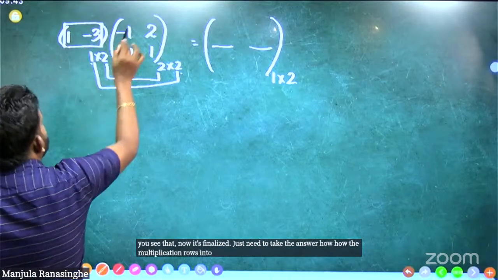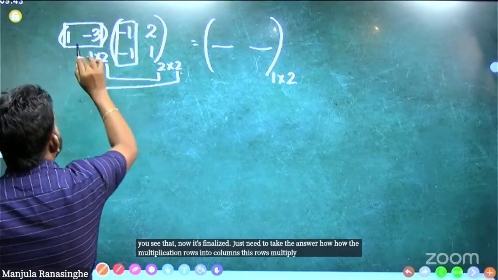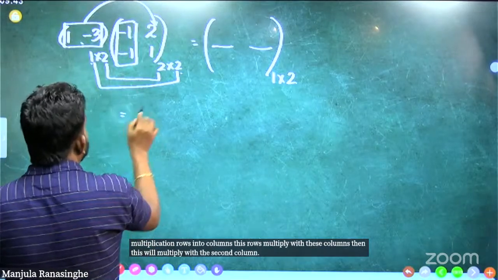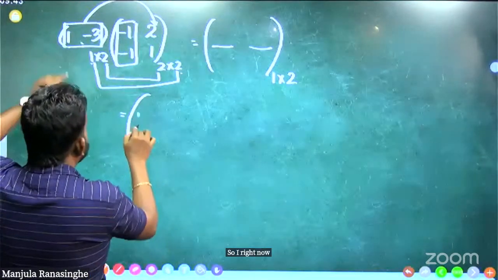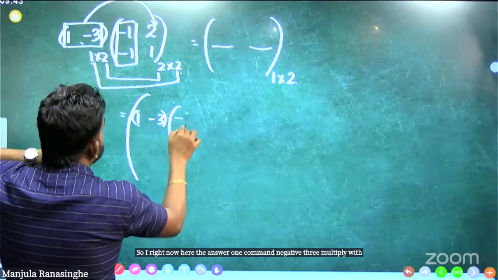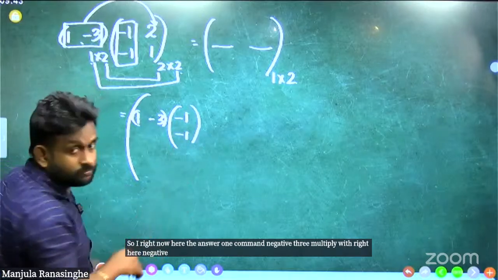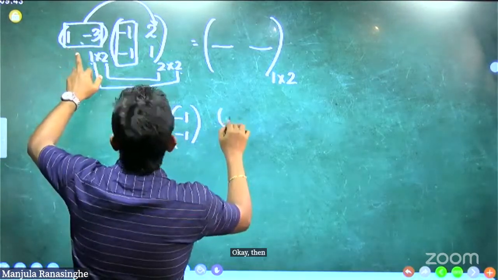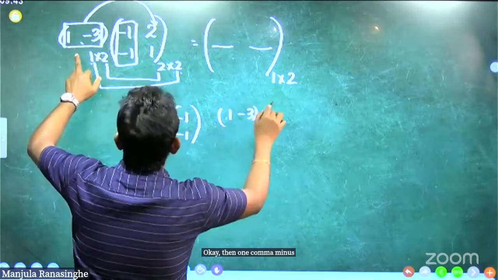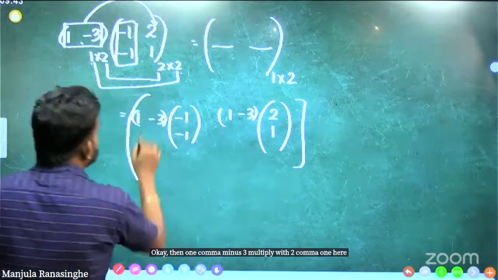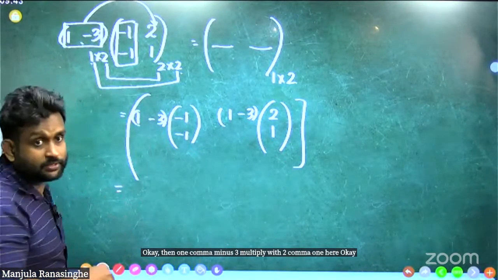This row multiplies with this column, then this row multiplies with the second column. So I write the answer: 1, negative 3 multiplied with the negative 1 column, then 1, minus 3 multiplied with 2, 1 here.